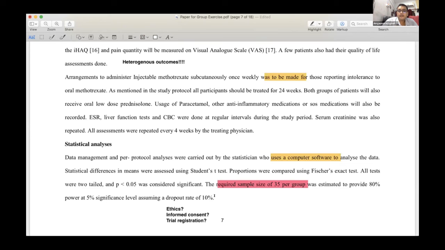Definitely ensure that the methods is written in a consistent past tense, because you've already done it by the time you are writing up; the study is already over. Whereas at the time of the protocol generation, you are planning to do it. So you would write that I will do this, I will do that, whereas in the manuscript, you would write, I have done this, I have done that, etc.